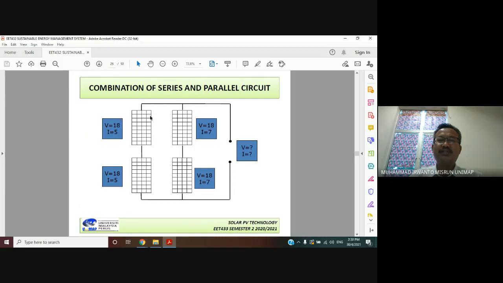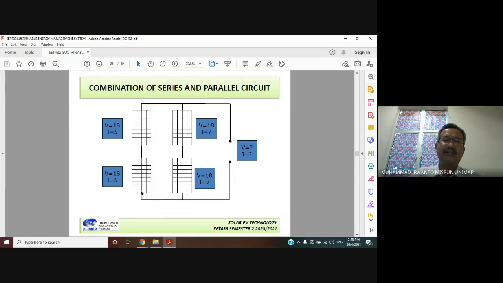Because it is parallel, the total voltage remains 36 volt.